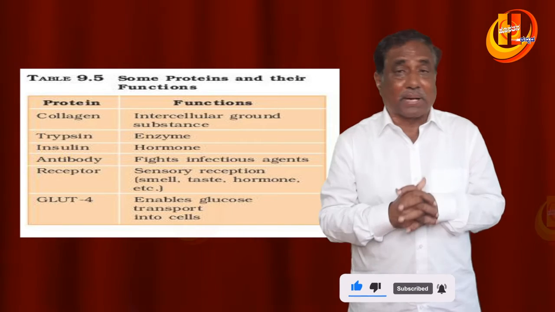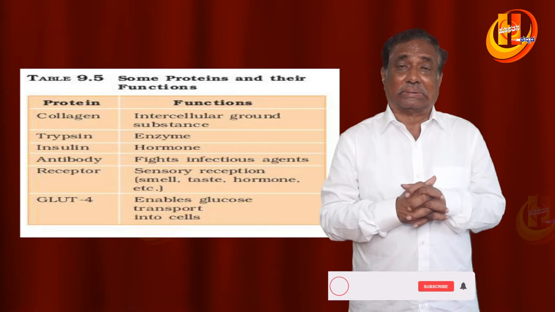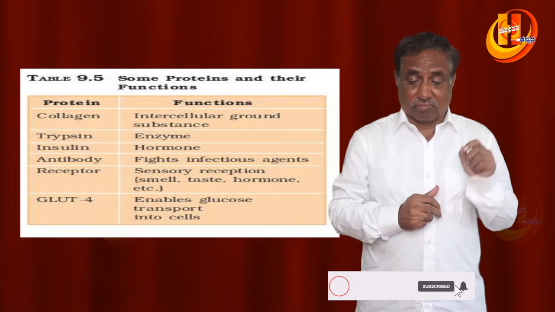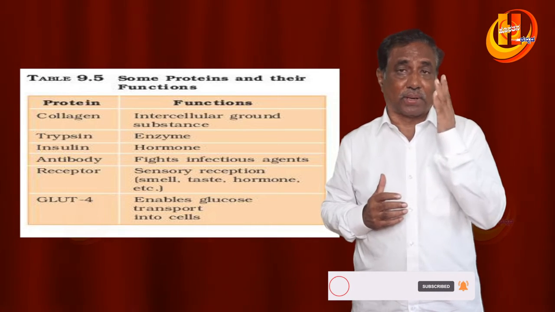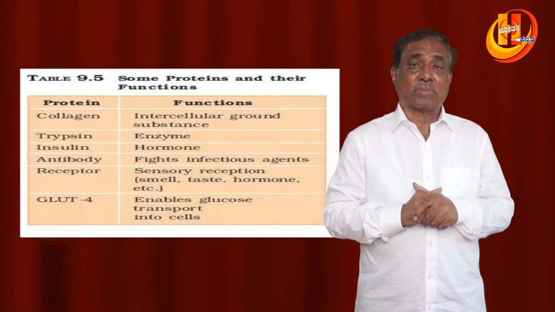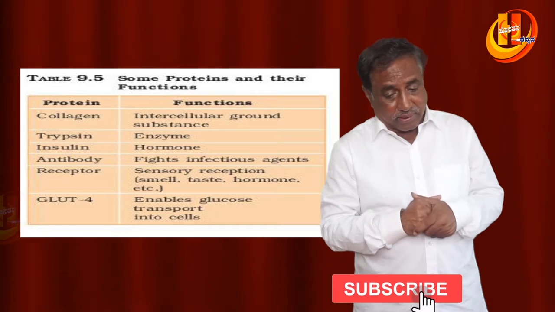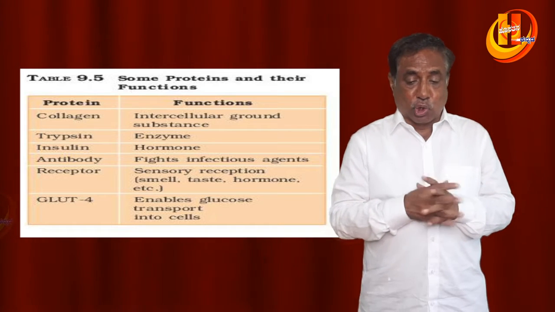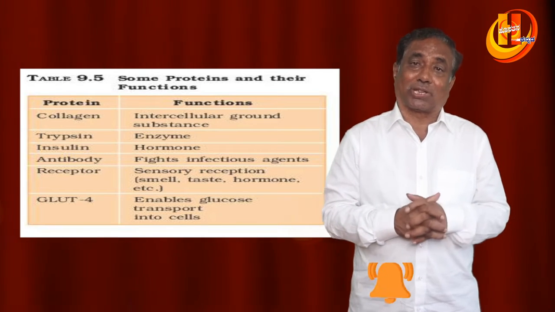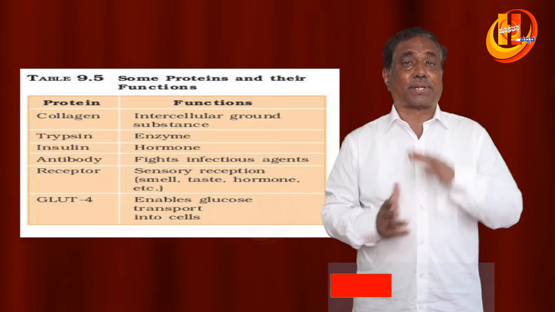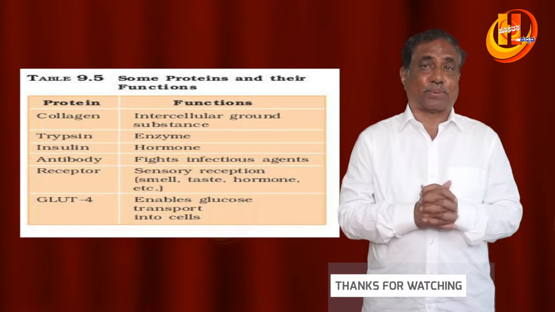There are certain receptor proteins like sensory receptors for smell, taste, etc. Trypsin is an enzyme, insulin is a hormone, whereas GLUT 4 helps in glucose transport.